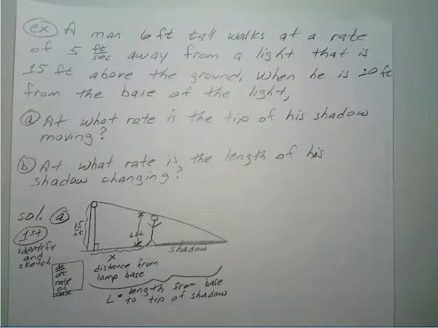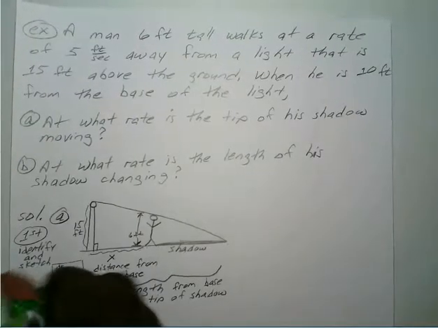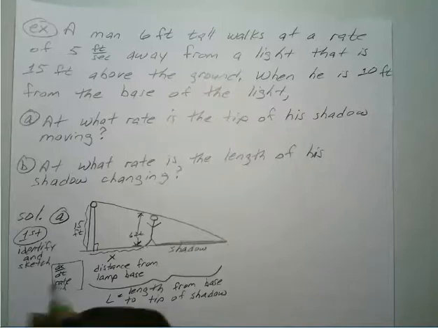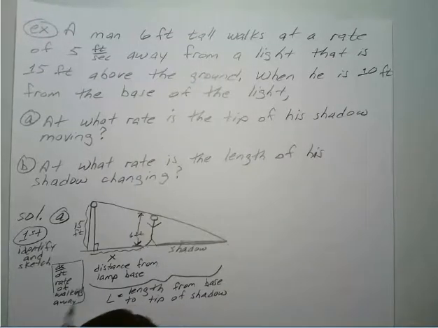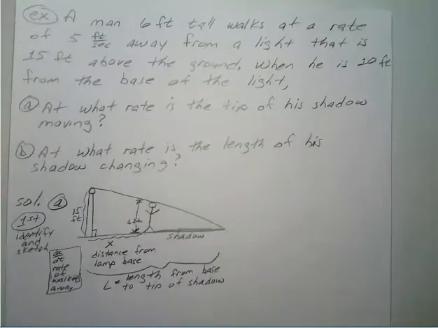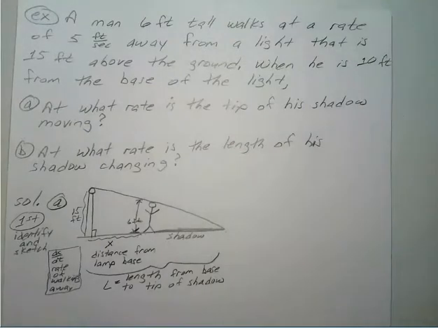Let me make a little more room here. Rate of walking away from the lamp. Okay, so our little sketch gives us a little better idea.